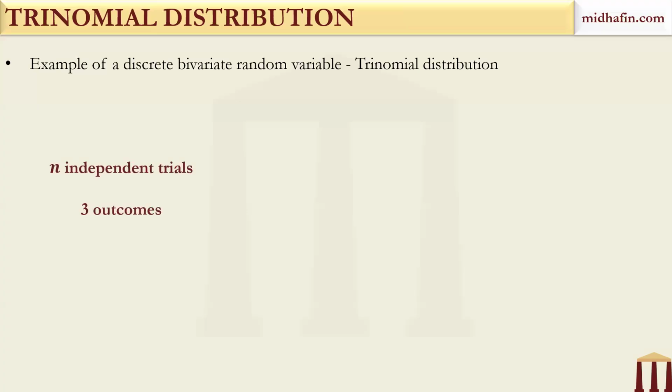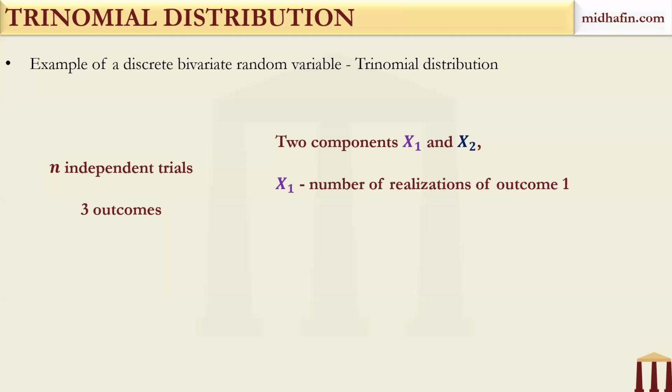We can have n independent trials, and since in binomial there were two outcomes, over here we will have three outcomes. For those three outcomes, we actually need only two components, where the first component is the number of realizations of outcome 1.